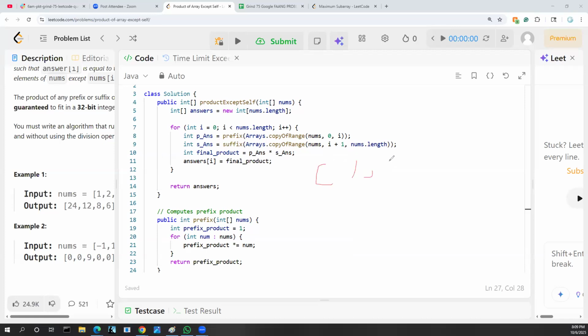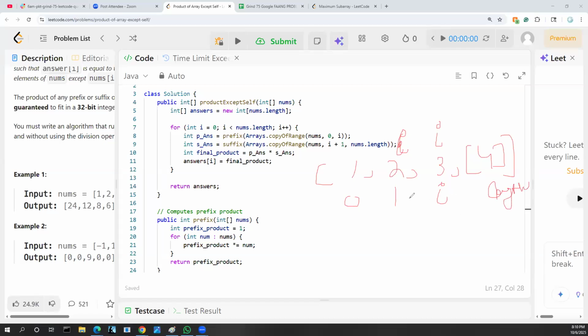So if my nums array is 1, 2, 3, 4, and I want to compute prefix, if my I lands here, can I say my prefix is from the 0th index to I, excluding I, of course? Correct, yes. And my suffix array is from I to the length of the array. Can I say that? Yes.